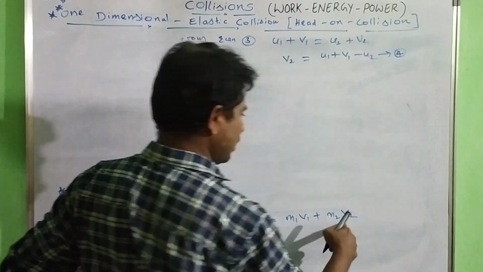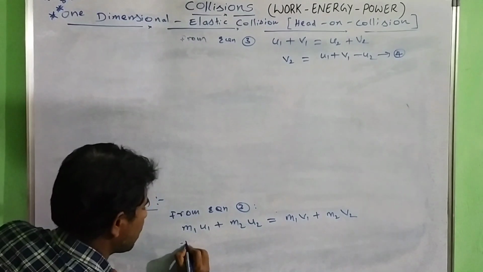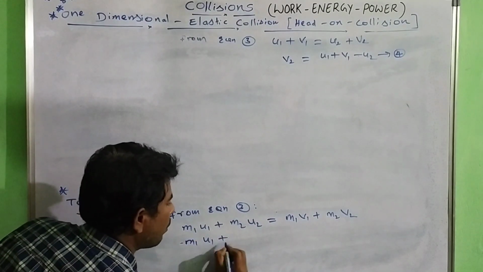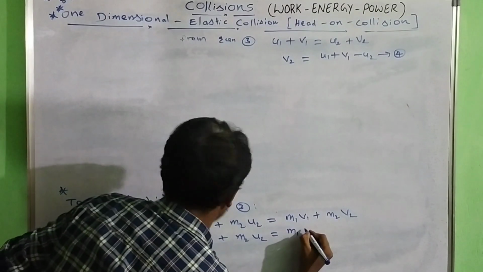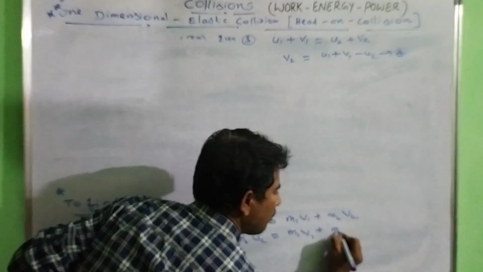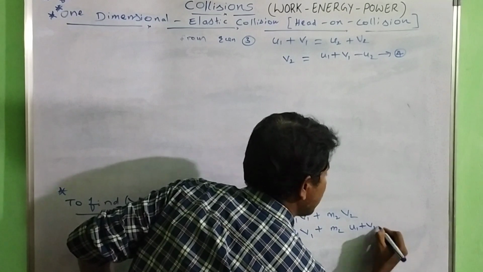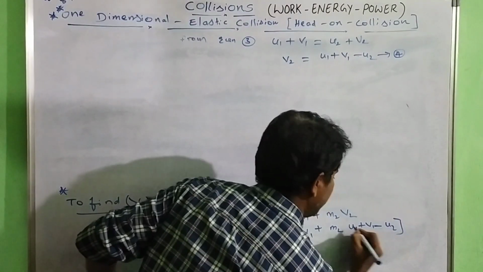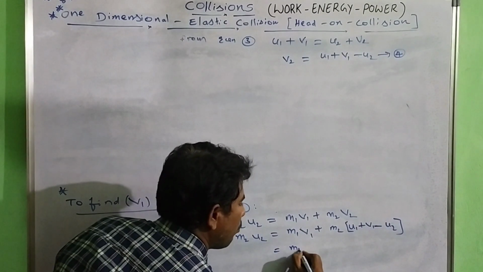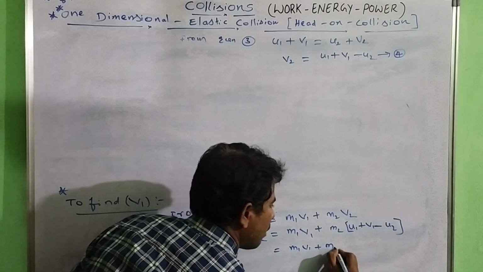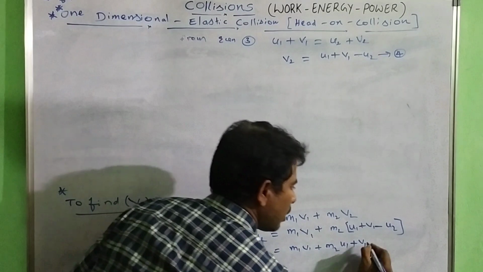Equation 4 is substituted in the first equation: m1 u1 plus m2 u2 equals m1 v1 plus m2 into v2, where the v2 term is u1 plus v1 minus u2.